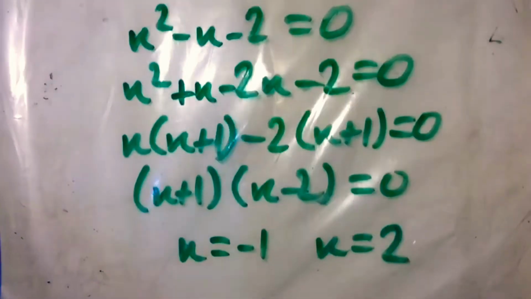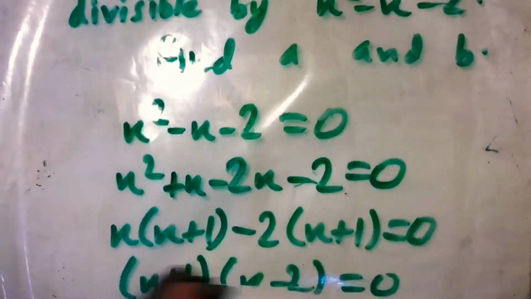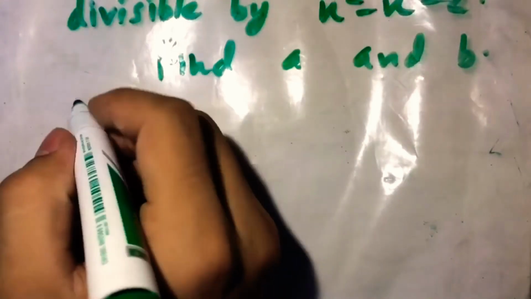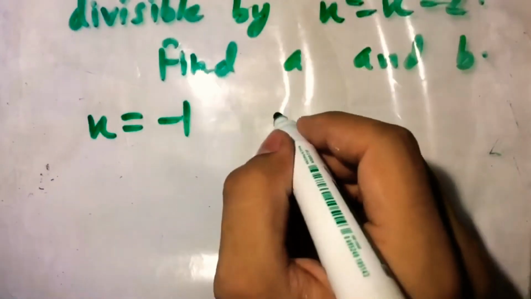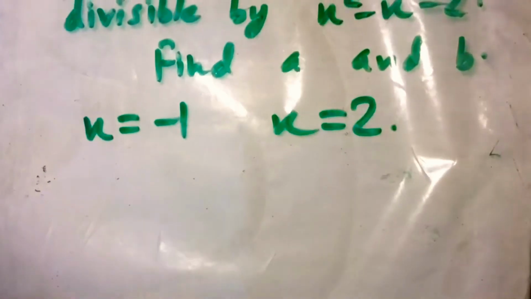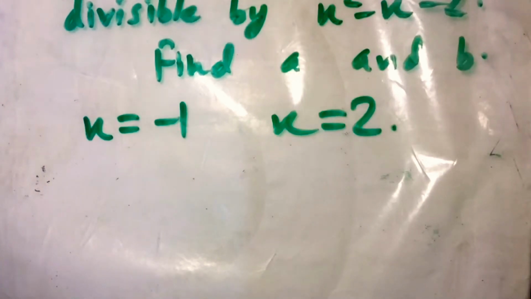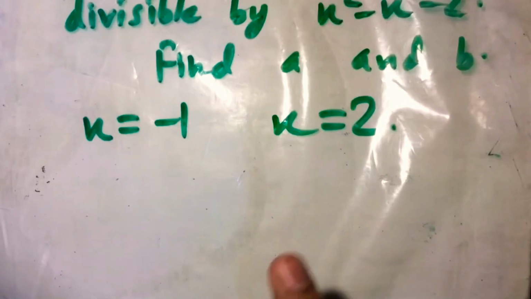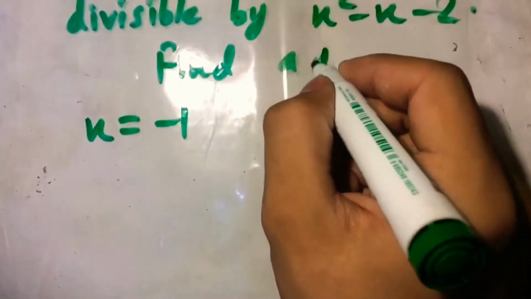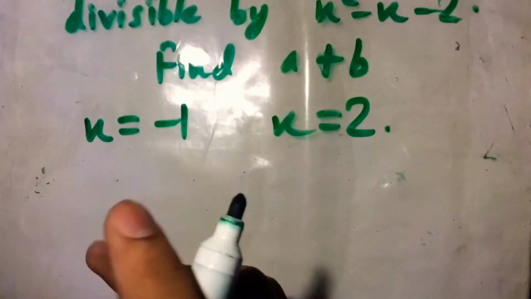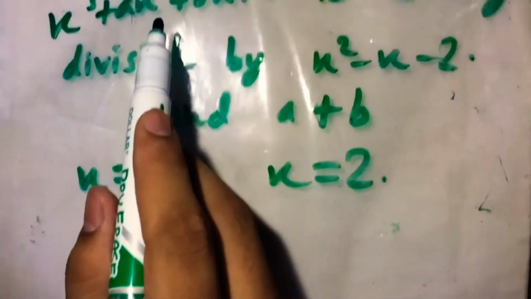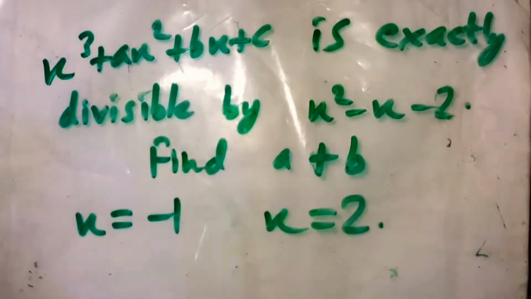These are the values of x. We have to find a plus b. So now we'll put these values of x in this equation and equate it with 0.